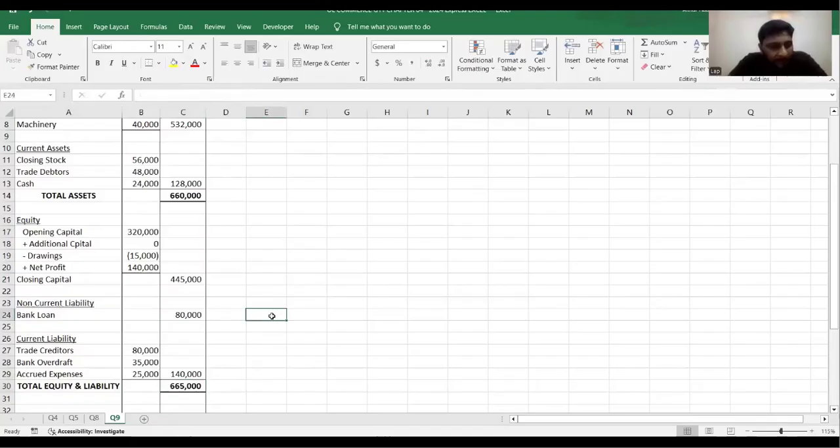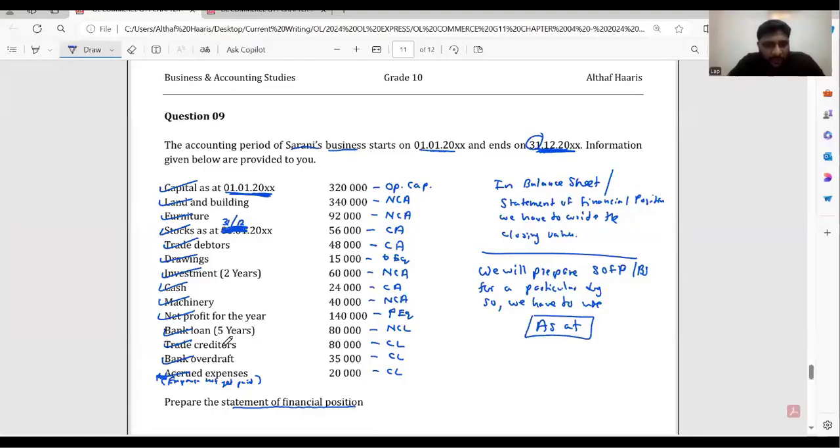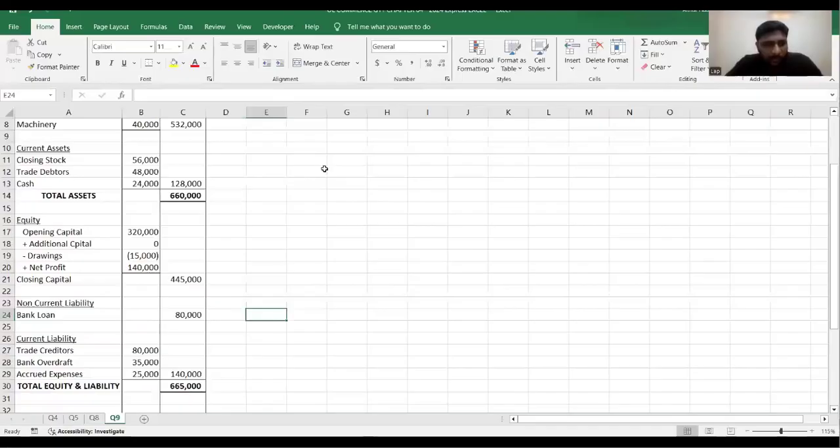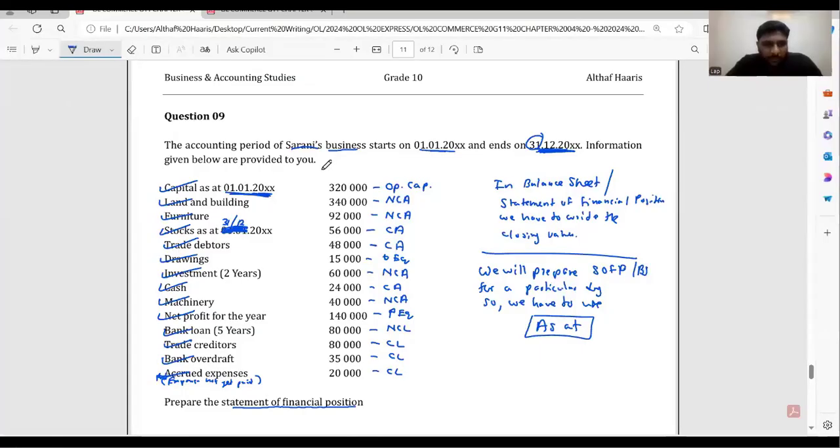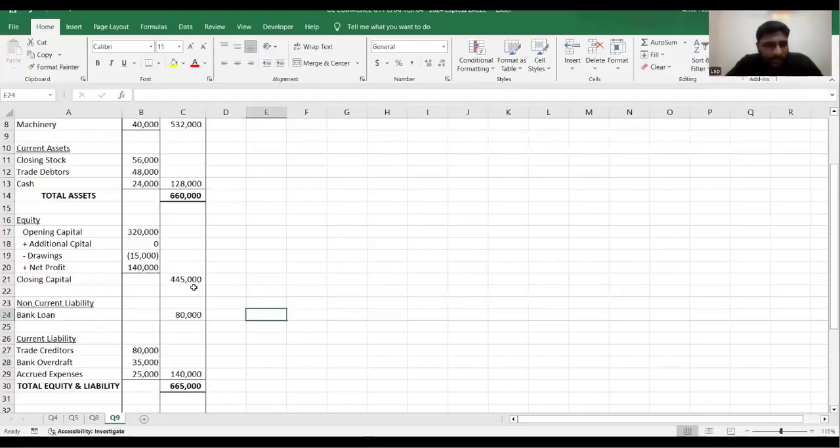So where is the error? Let's find it. 320 opening capital, no additional capital. Drawings 15,000, that is also correct.